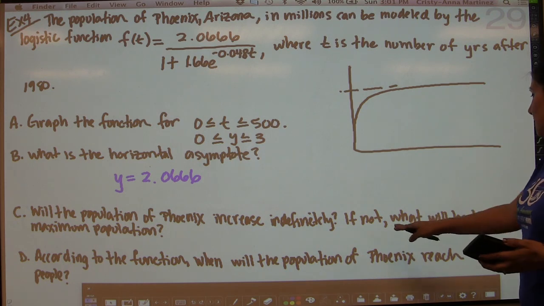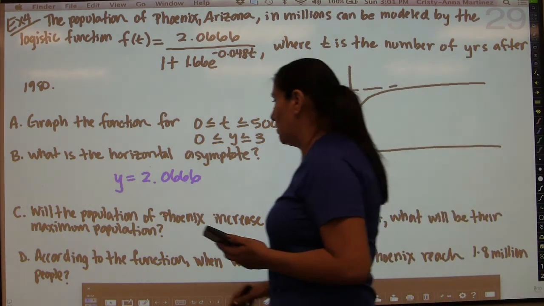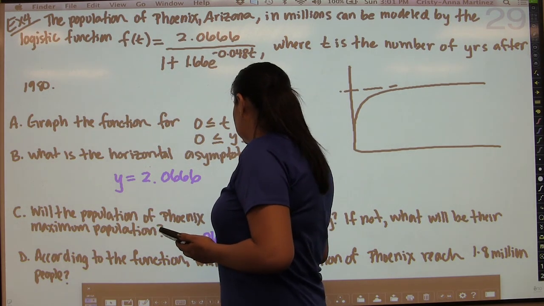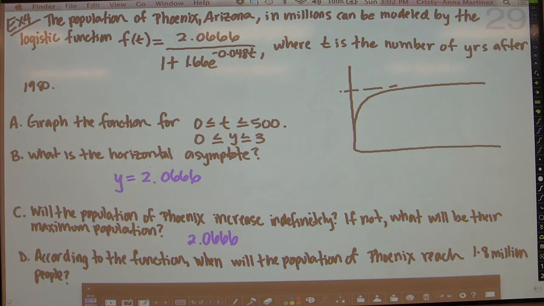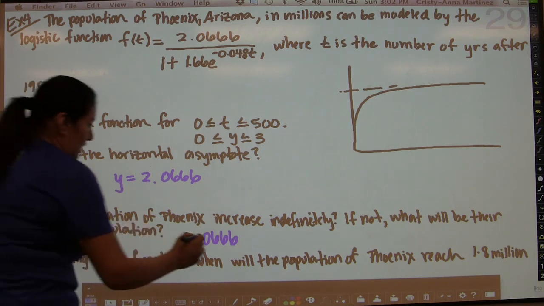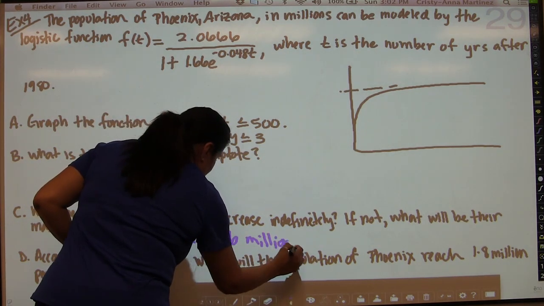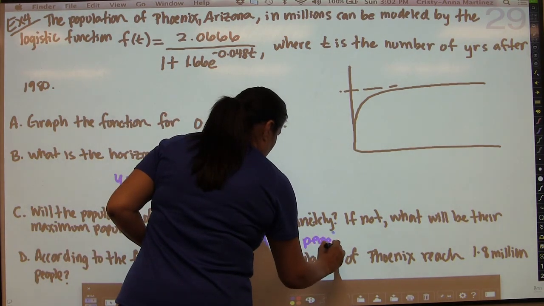So when it asks what will be their maximum population, it's going to be 2.0666 million people. I should probably put million. It's not 2.06 people. It's 2.0666 million people that is going to be the maximum population.